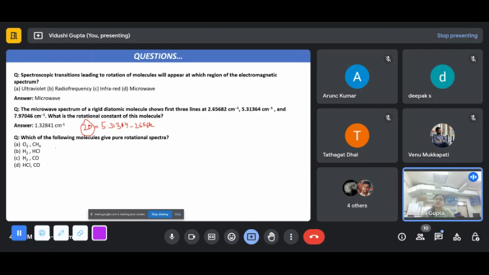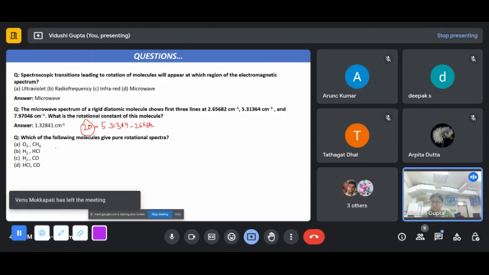So moving to next question, which of the following molecules will give pure rotational spectra? O2, methane, H2, HCl, H2, CO, and HCl, CO. So what will be the right answer?